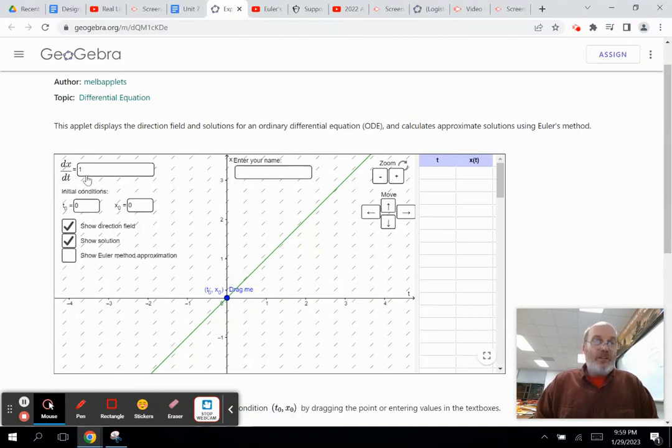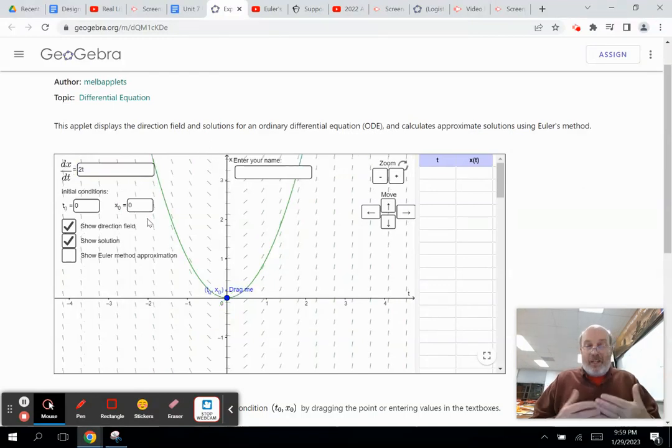We could do another really simple one. If x was equal to t squared, we would know that the derivative of x with respect to t would be 2 times t. So I'm going to plug in 2 times t here and do the same thing. And remember, this is the derivative of the function x equals t squared, which is just a parabola with its vertex at the origin. So we should see that. And you do.